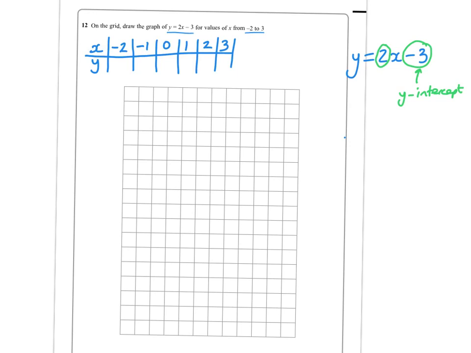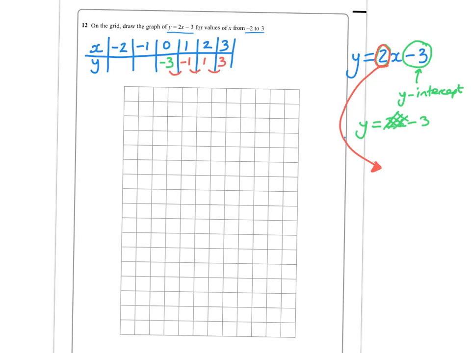So when x is 0, we'll have -3. If you have y equals 2x minus 3 and x is 0, this part will be 0 and you'll be left with -3. So I would use the fact that this sequence of numbers goes up in the 2 times table because the gradient is 2. So -3 goes up 2, it'll be -1, which goes up 2 to be 1, and so on.